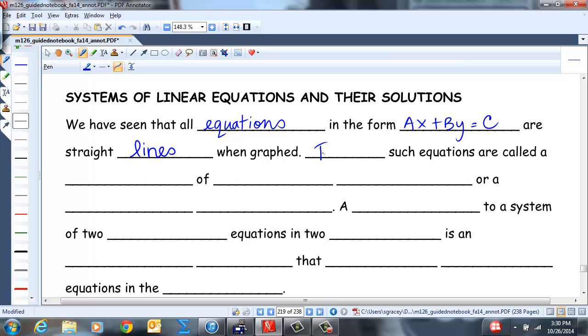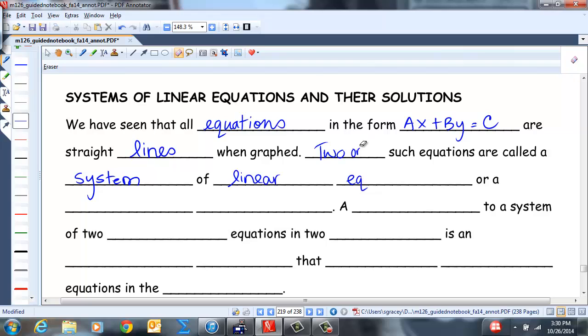Two such equations are called a system of linear equations, and actually it doesn't have to be two, it just really has to be more than one.